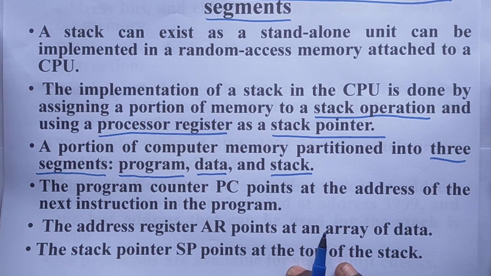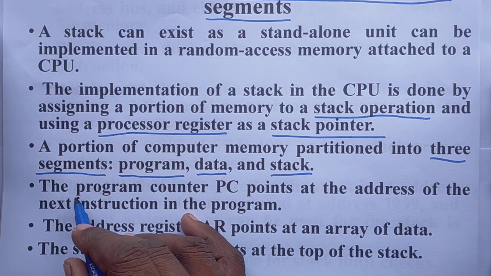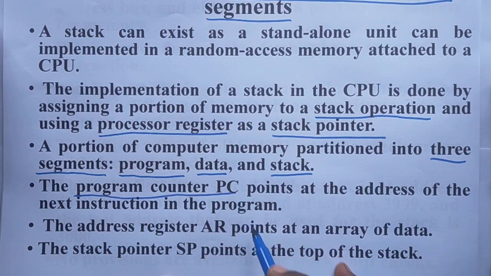Okay. All of you know that whenever you go through any program, the role of a program counter is important, because the program counter points to the address of the next instruction. Means it keeps the address of an instruction in the program.